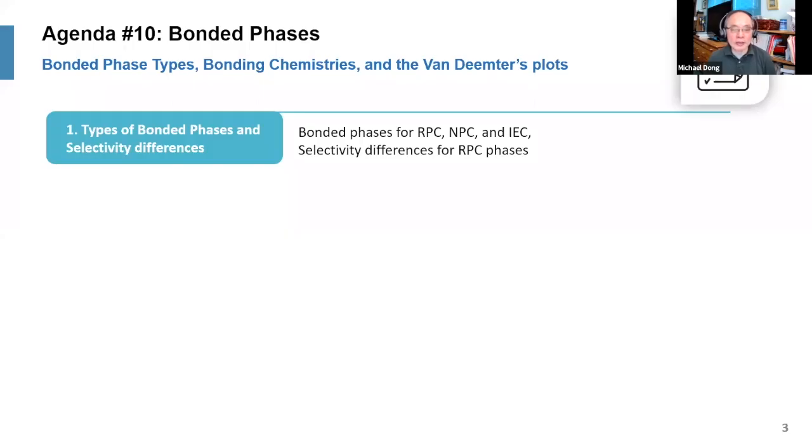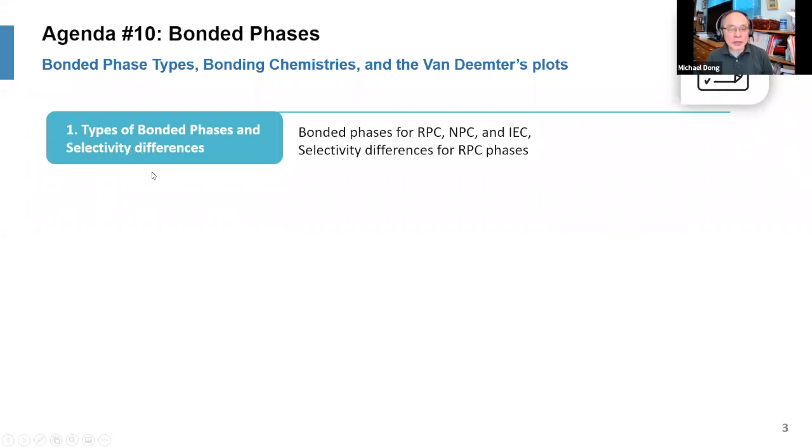Okay, the agenda for today is a focus on bonding phases and bonding chemistries, and also on the Van Deemter plot, right? The Van Deemter plot is the most important equation, and we're going to explain that a little bit deeper. I'll tell you the story of Van Deemter. Why do we call it plate count, right?